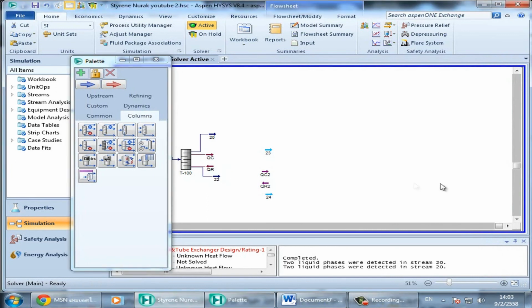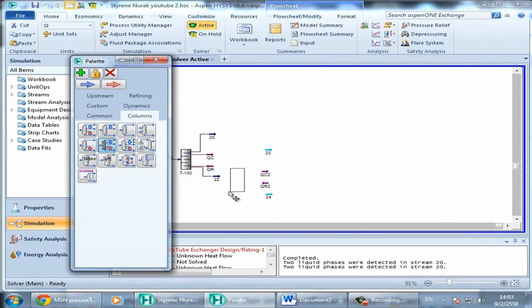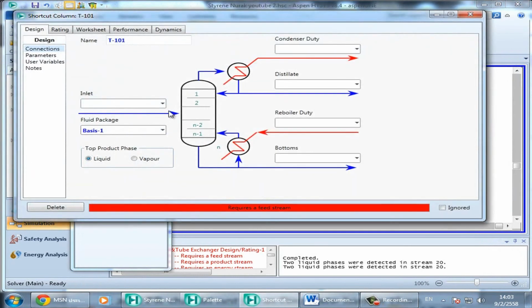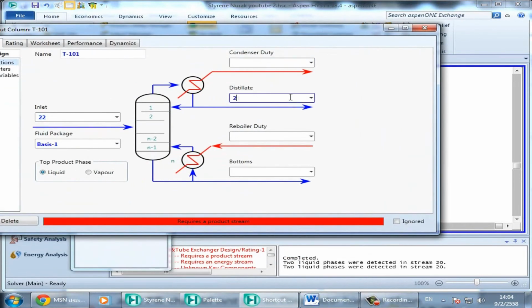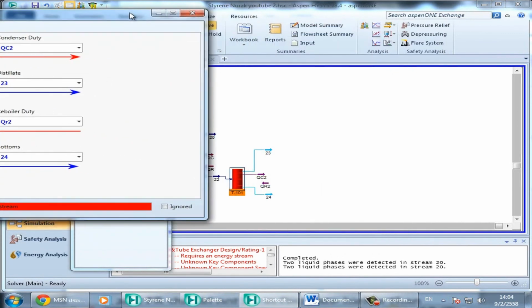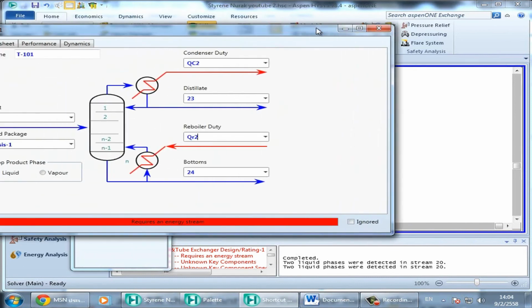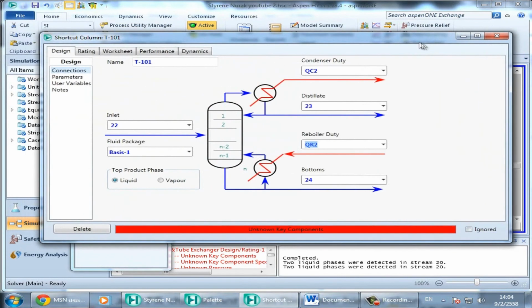So the next step is to use another shortcut to connect with number 22 and 23 and 24, with the condenser heat and reboiler heat. Okay.